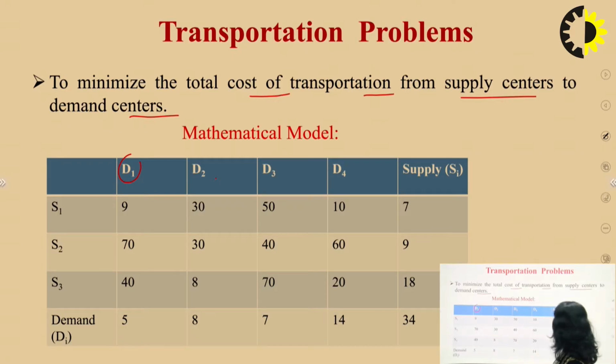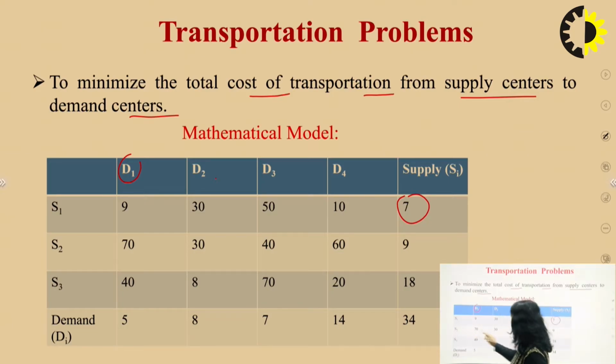Clear? You can see that the supply available at the S1 center is 7, at S2 it is 9 and at S3 it is 18.